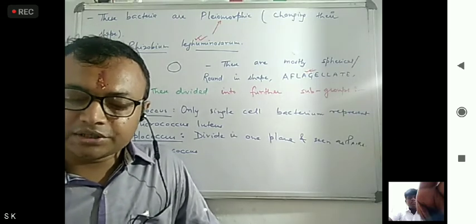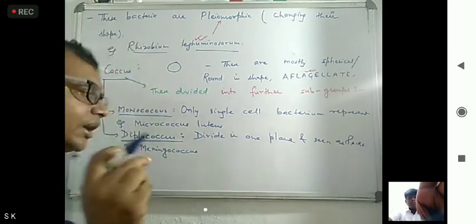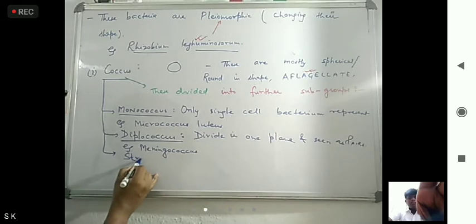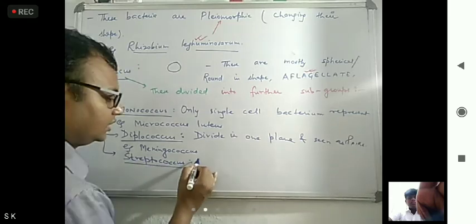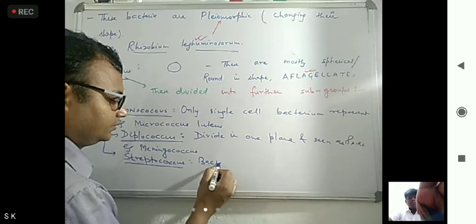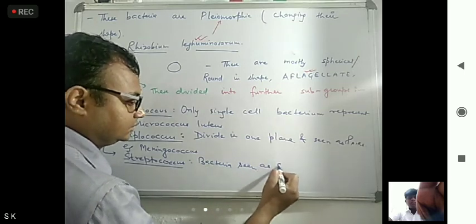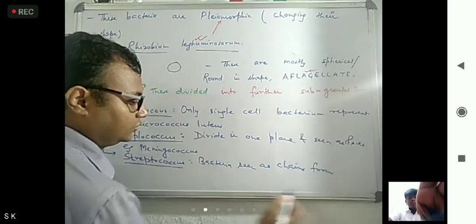Next we saw Diplococcus. Next one is in the form of a chain, that is known as Streptococcus. Bacteria seen in chain form.